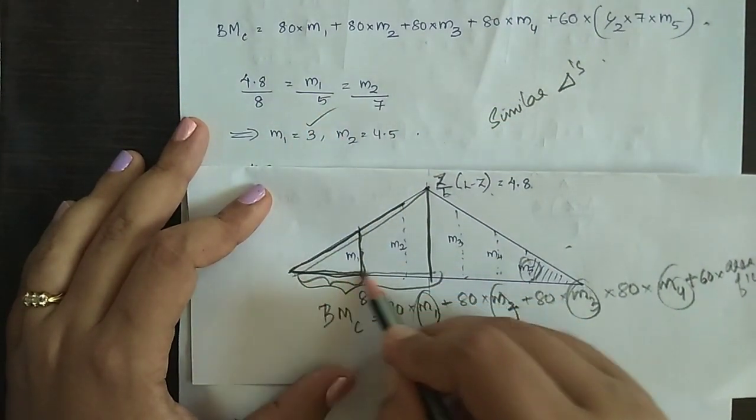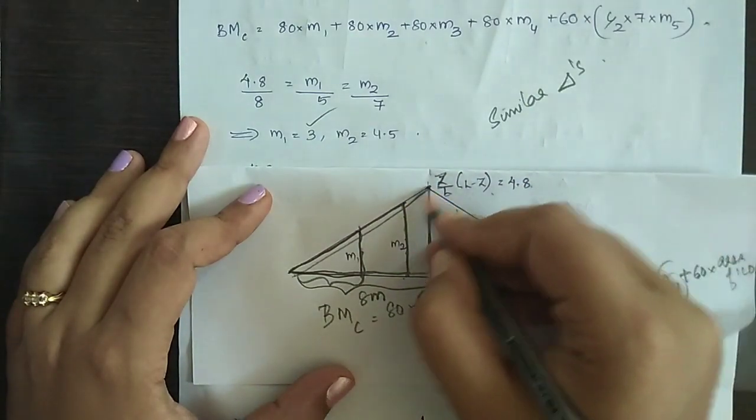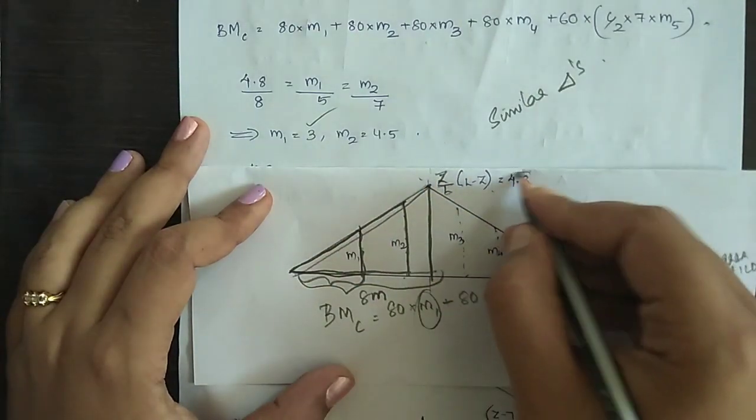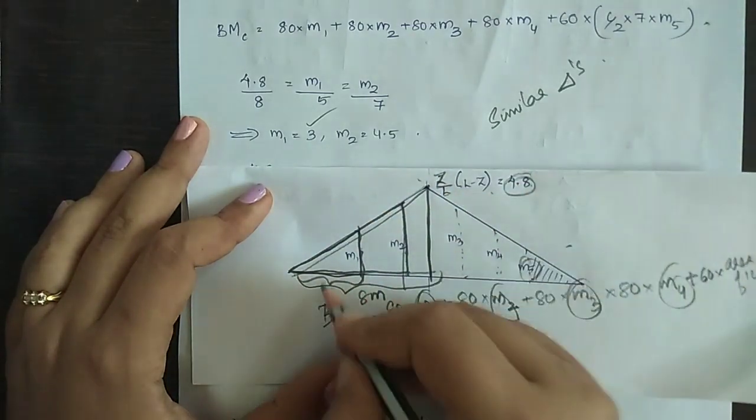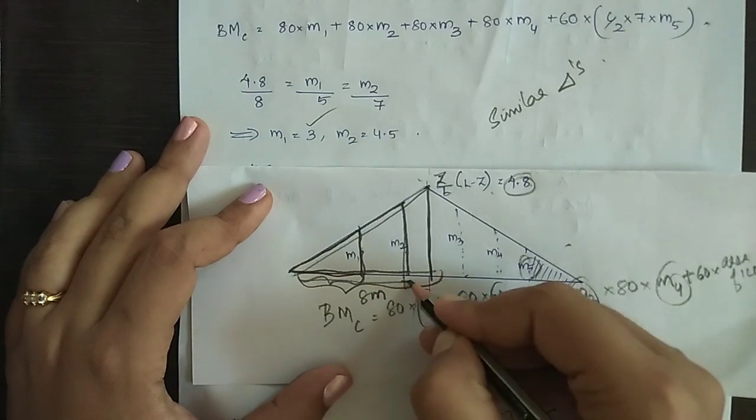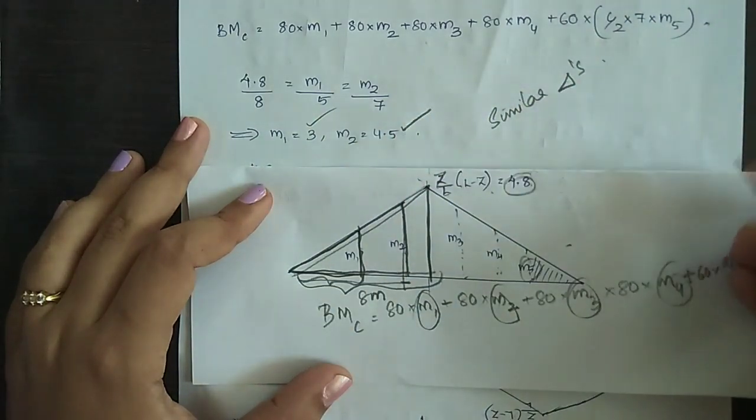To find out M2, choose this small triangle and the big triangle. 4.8 upon 8 is equal to M2 upon 7, and M2 comes out to be 4.5.